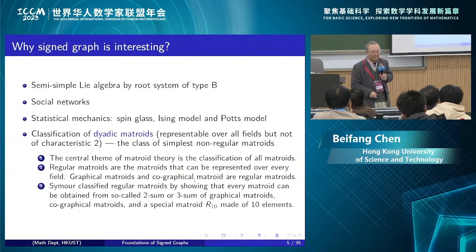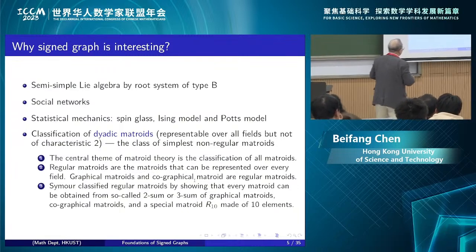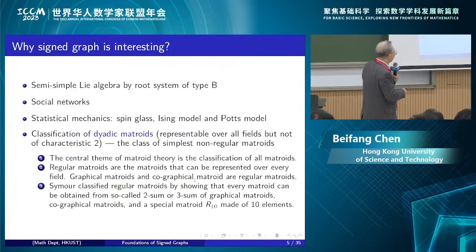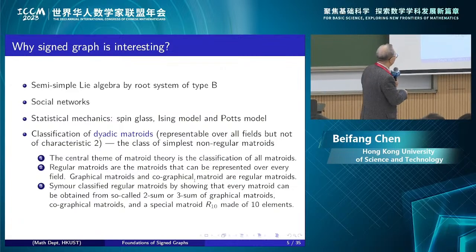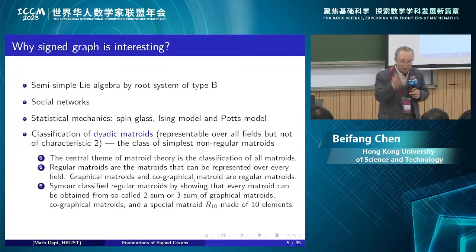And if you don't want to use a matrix, there is another characterization. Now he's a professor at Princeton, and in the 70s, maybe the 80s, they classified this. All regular matroids can be built up from matroids constructed from graphs.